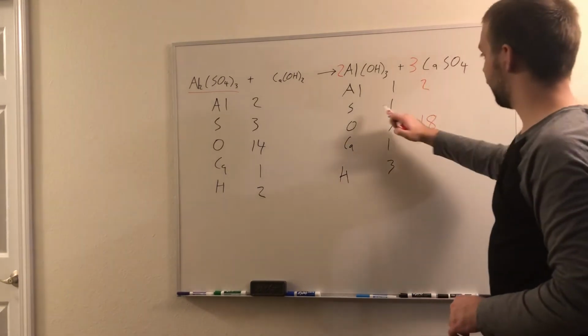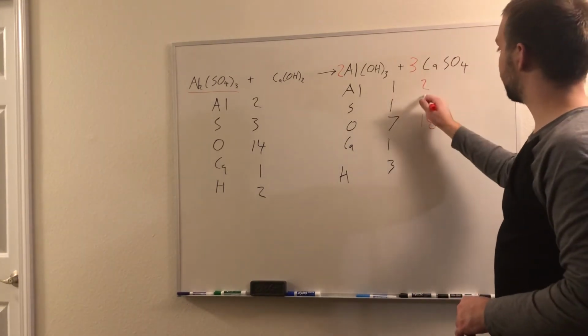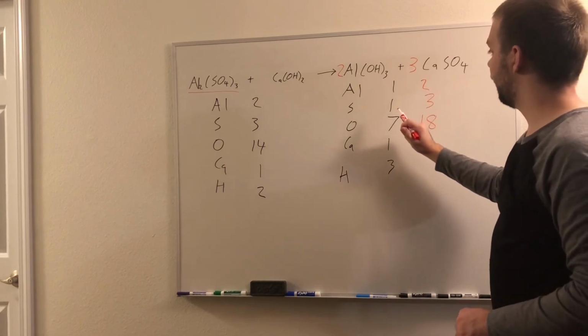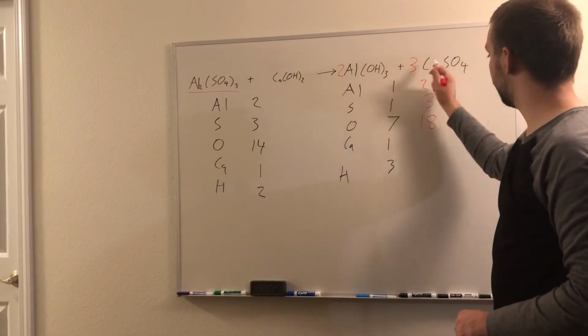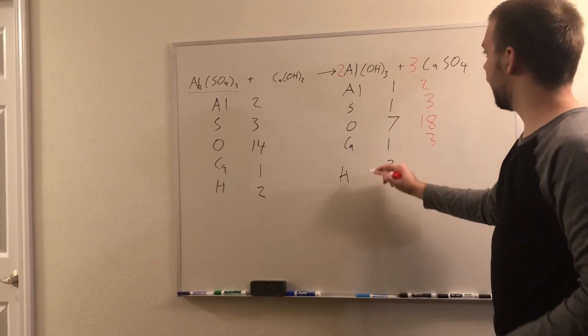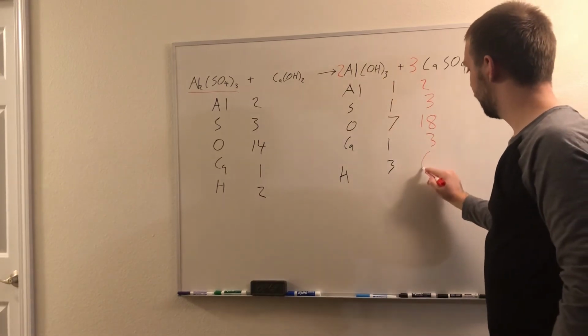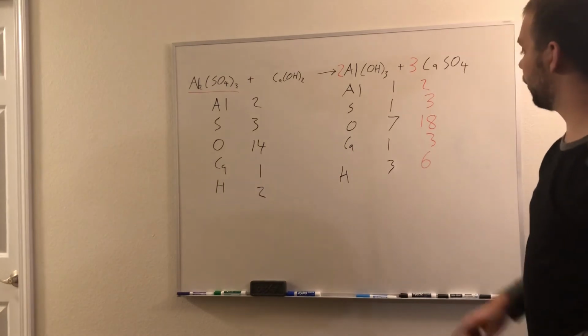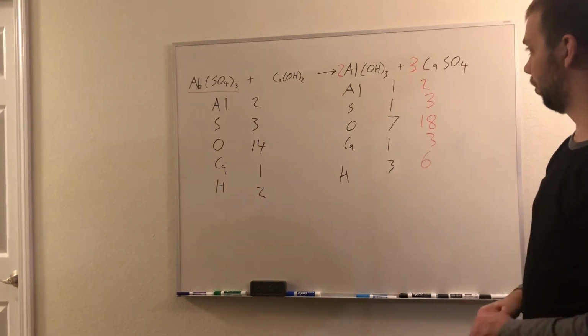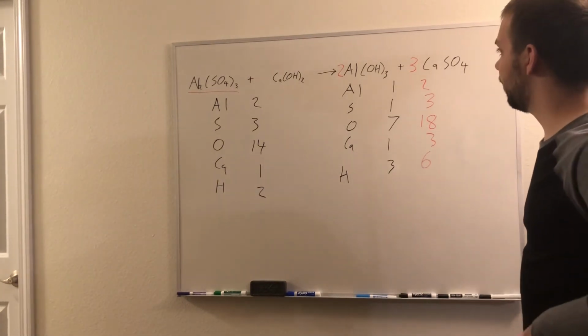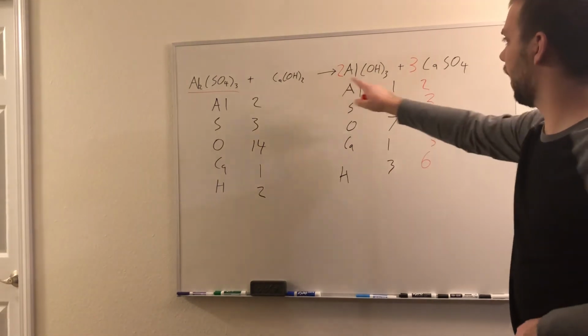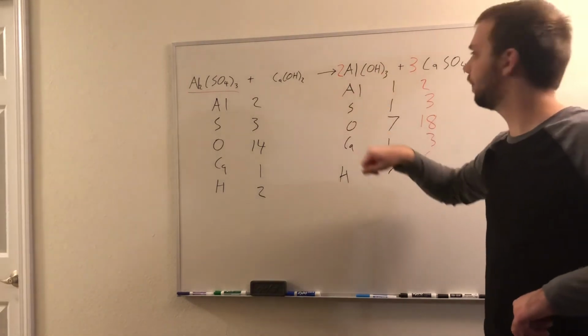Then let's look at the sulfur. It goes from 1 to 3, and the calcium goes from 1 to 3, and the hydrogen goes 3 times 2 is 6. Okay, so we've changed it quite a bit here. Now let's see, what can we do on this side, or how can we balance this out?